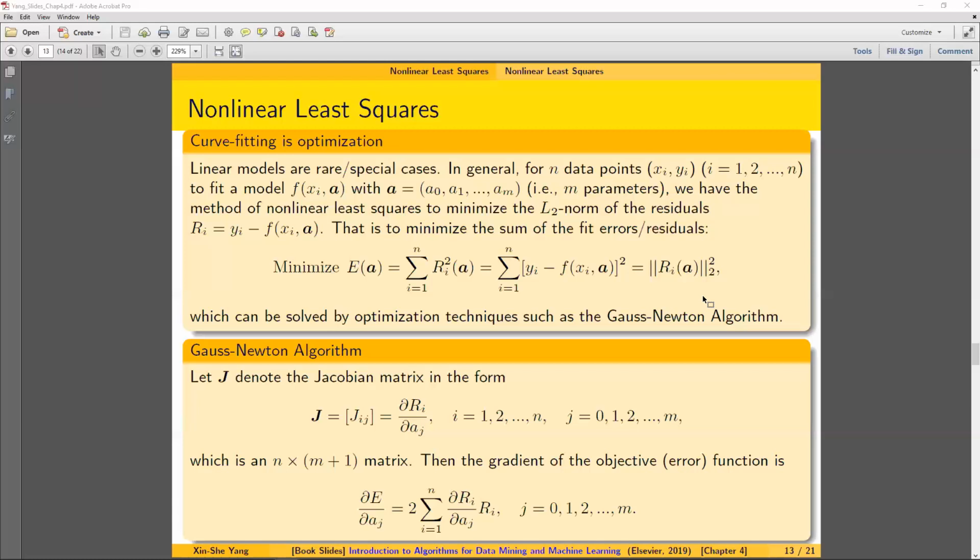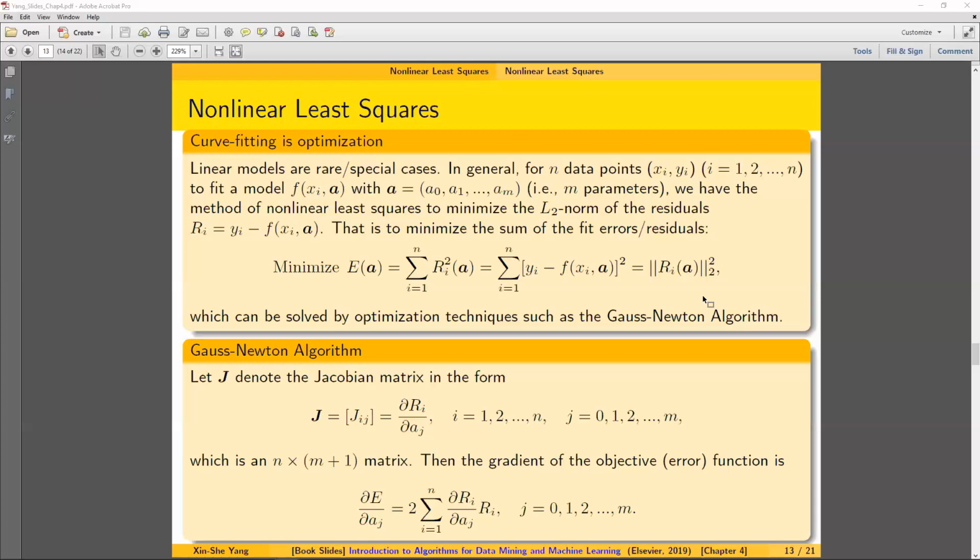And then you can also get the gradient of the objective function, that is, the partial derivative of the error term E in terms of a_j. It is 2 times the sum of the partial derivative of r_i in terms of a_j times r_i.